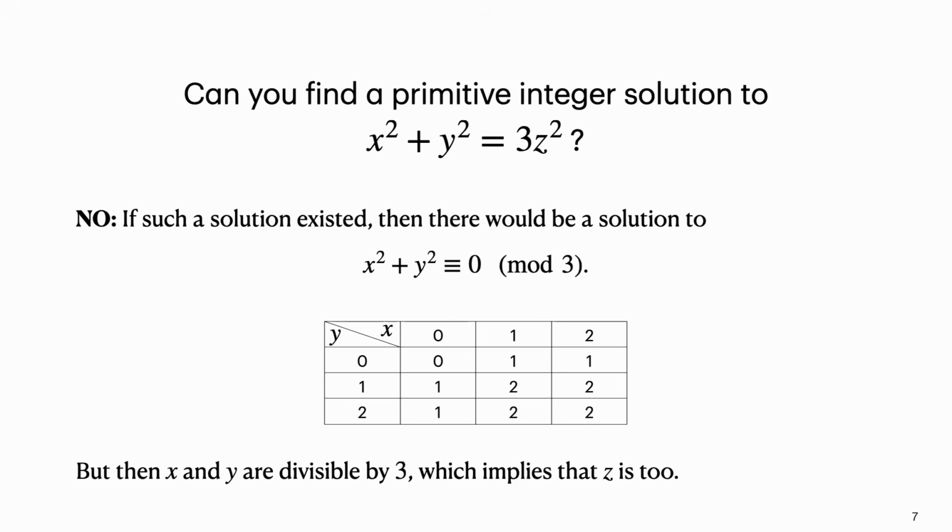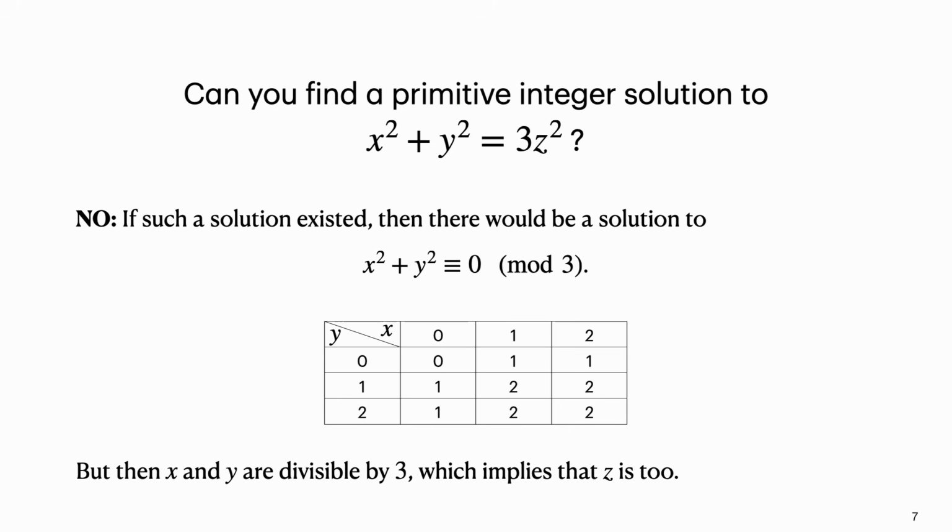And we can take congruences mod 3. If there was a solution, that would be a solution mod 3 too. So that makes us kill the term 3z squared. So now we need to solve x squared plus y squared mod 3. And that's really easy. I have a table of the possible values of x and y, and here we have x squared plus y squared. And then we notice that the only solution is this 0 that we have here.